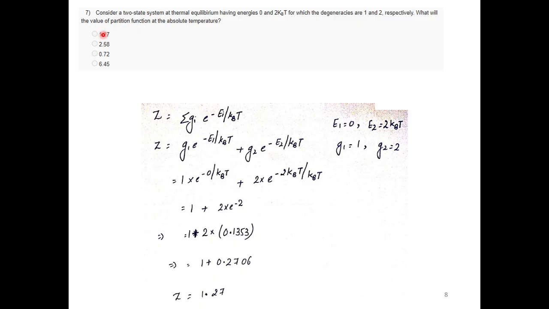If it is non-degenerate, it means only one; if it is three, it means three, like this. So here the degeneracies are already given as 1 and 2, right? So A is the answer here.